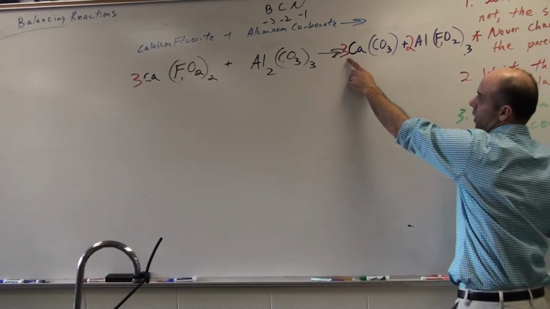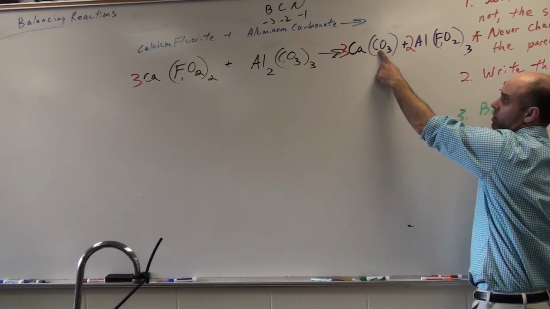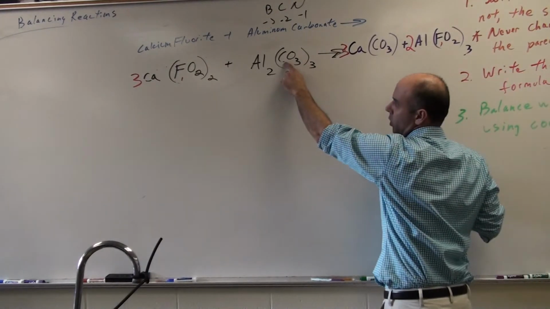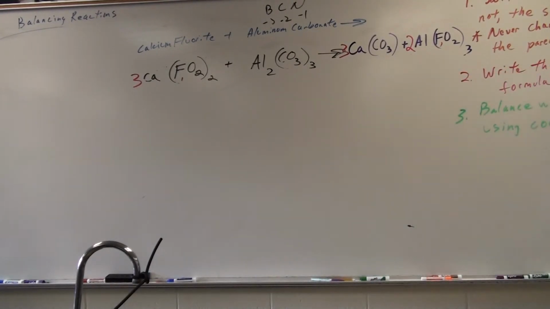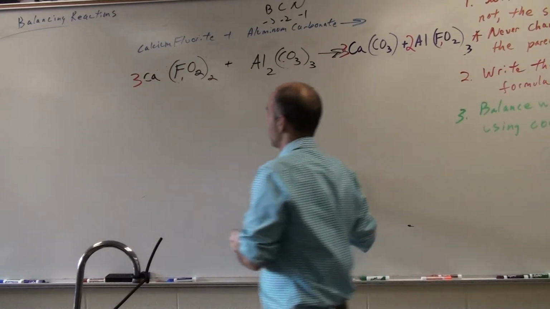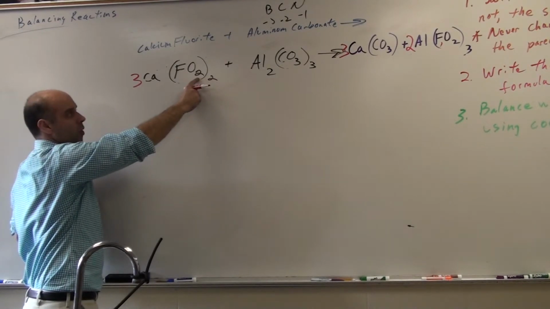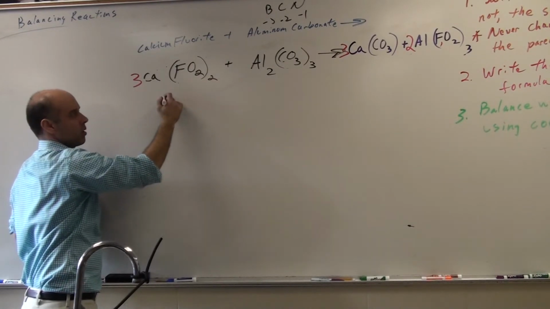How many carbons do I have? 3 times 1 is 3. 3 times 1 is 3. And then the last thing we have to check is the oxygens. I recommend leaving oxygen to last. What's 2 times 2? 4. Times 3 is 12.